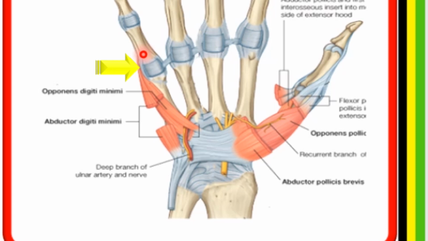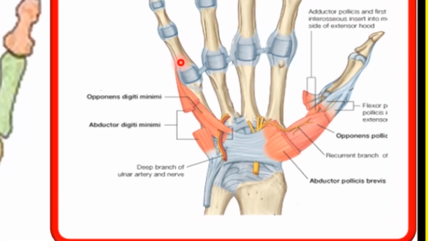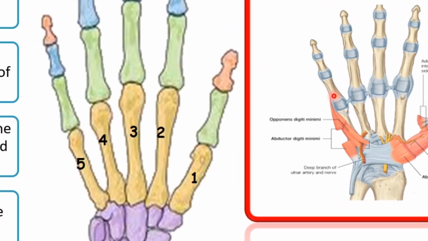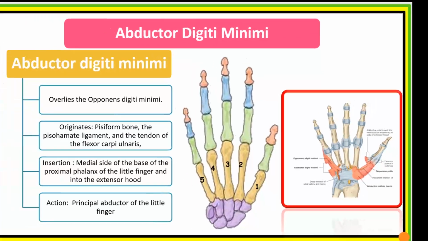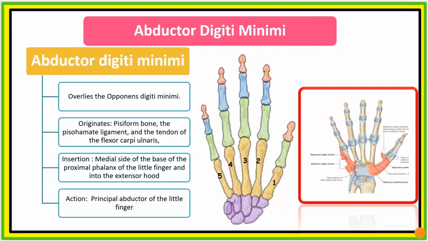It inserts on the medial side of the base of the proximal phalanx of the little finger. Here we are seeing the proximal phalanx, and then it inserts on this medial side around the base. From its name, the main function of this muscle is abduction of the little finger. It abducts the little finger.